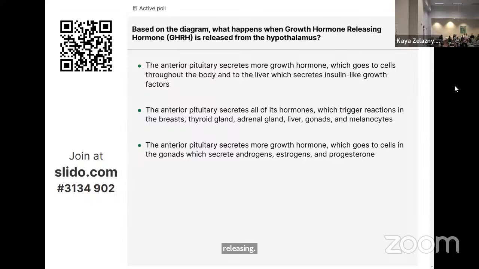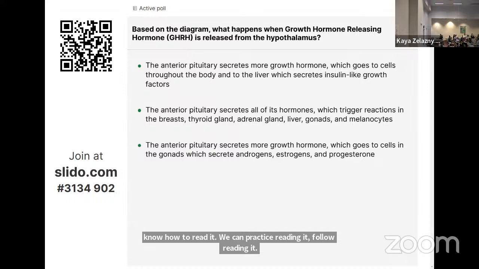All right. So looking at that diagram, I want to make sure that we know how to read it. We can practice reading it and know how to recognize what's going on.